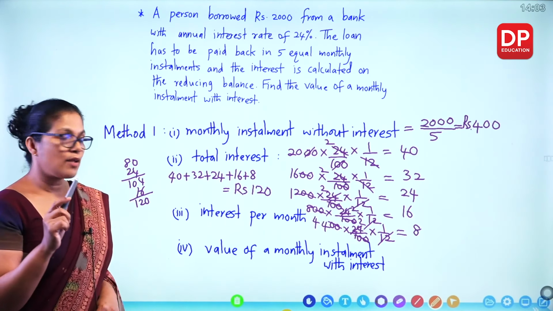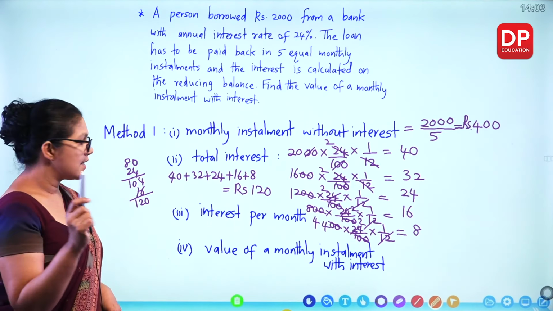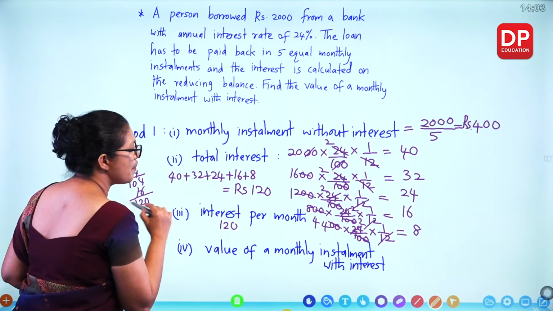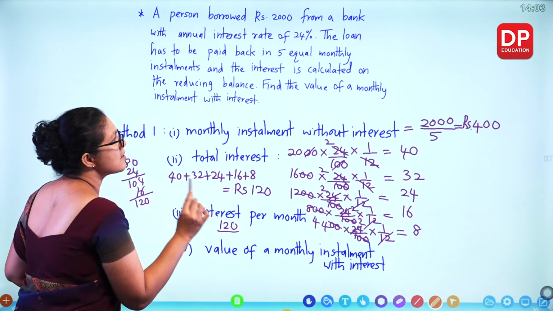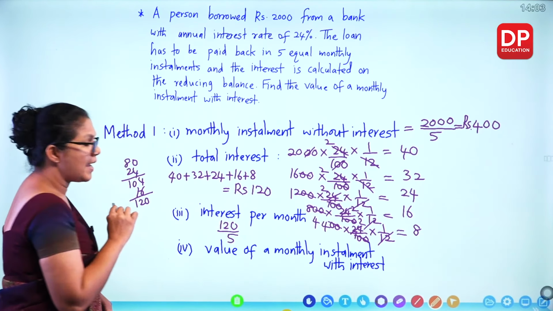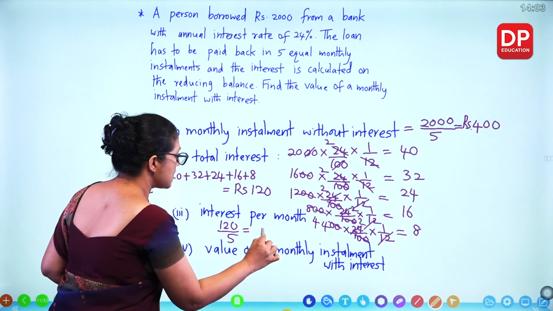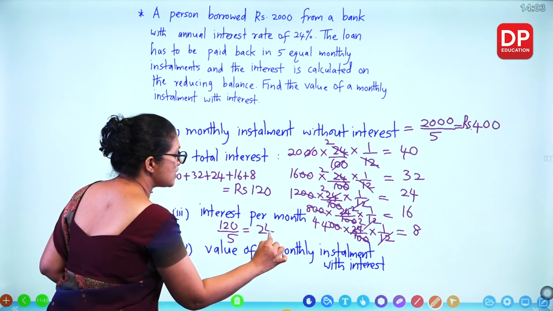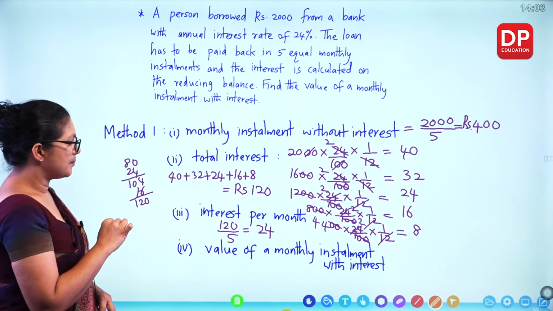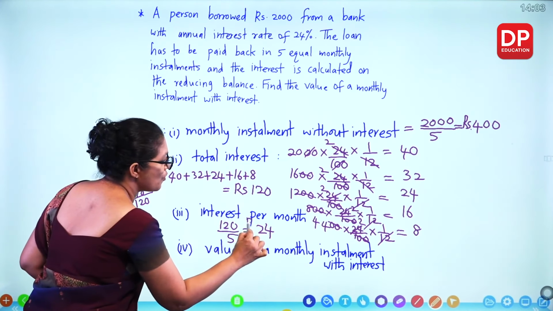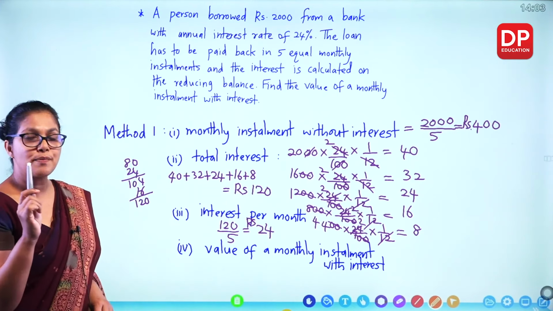So how do we calculate the interest per month? Altogether 120 rupees, over 5 months he has to pay. So 120 divided by 5, you get 24 rupees. So 24 rupees is the interest per month.